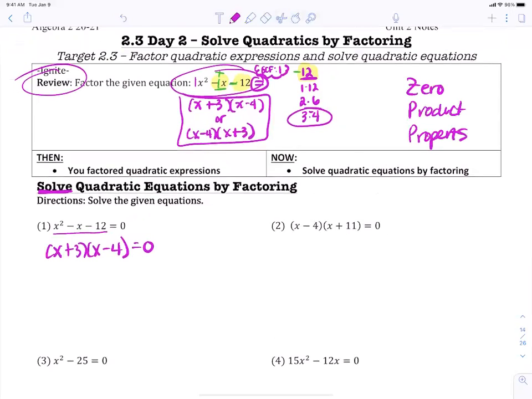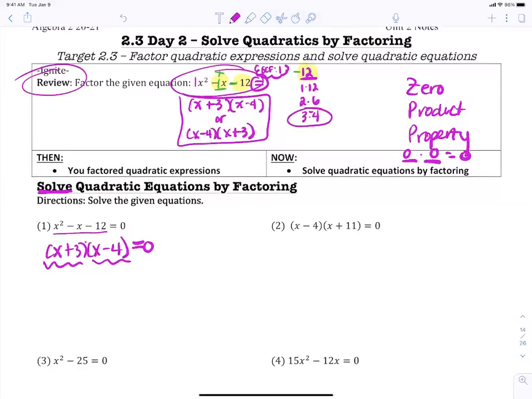And what the zero product property says is that if you take two factors and multiply them together to equal 0, that tells you that either one of those numbers has to be 0. If I take two numbers, hypothetically anywhere in the world, and they equal 0, that means that either this number has to be 0, or this one has to be 0, or hypothetically both.